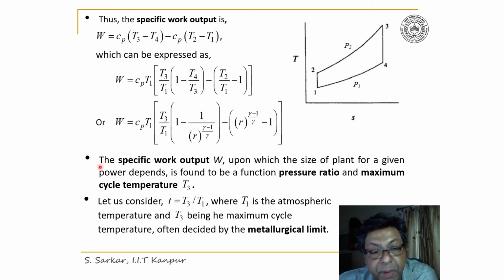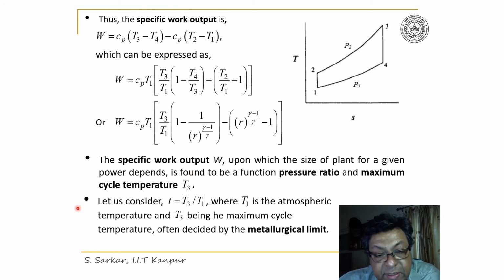Thus, the specific work output is a function of pressure ratio and the maximum cycle temperature T3. Furthermore, I'd like to tell you that the plant size is also dictated by the specific work output.